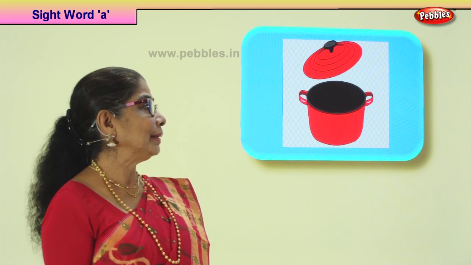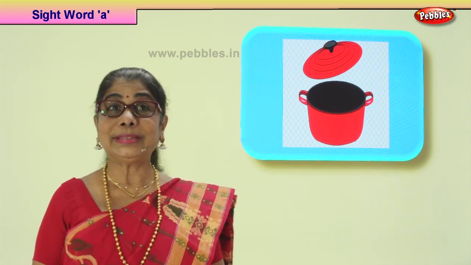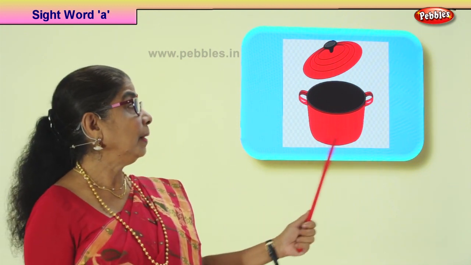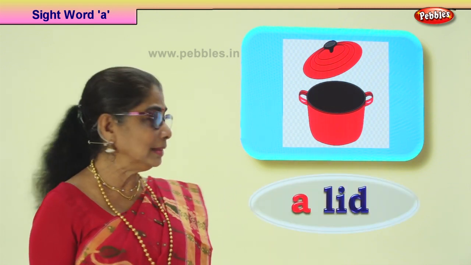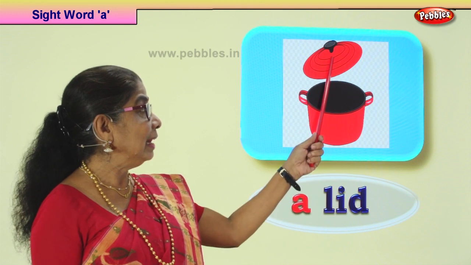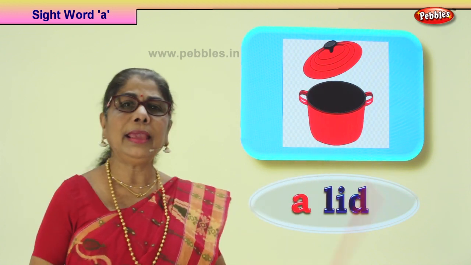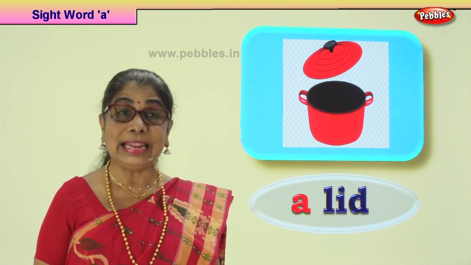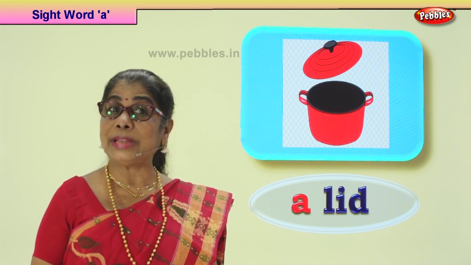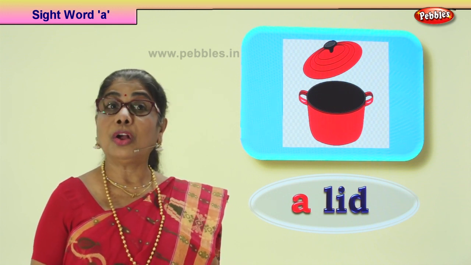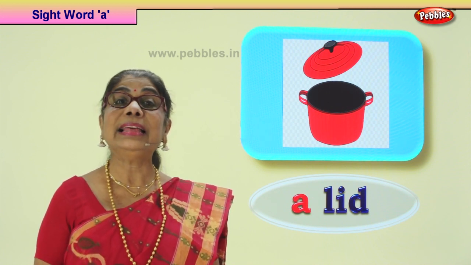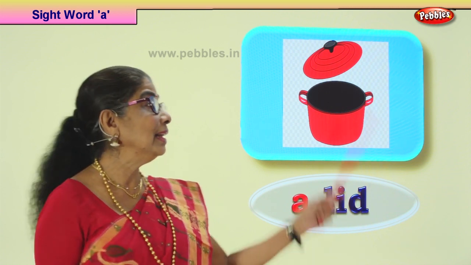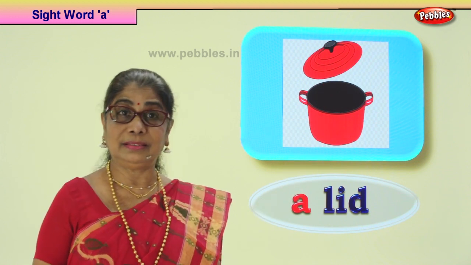And what is that? We have a bin with a lid. Yes? This is a lid. Any dish has a lid, whether it is a utensil in the kitchen or a dustbin, anything has a lid. What is a lid? Lid is a cover.